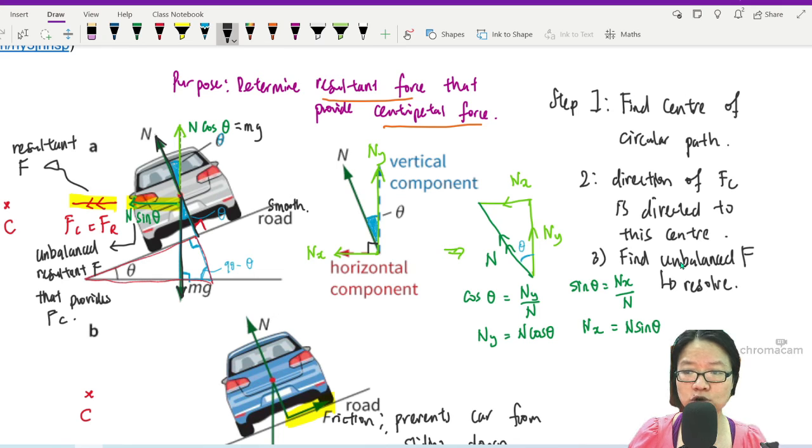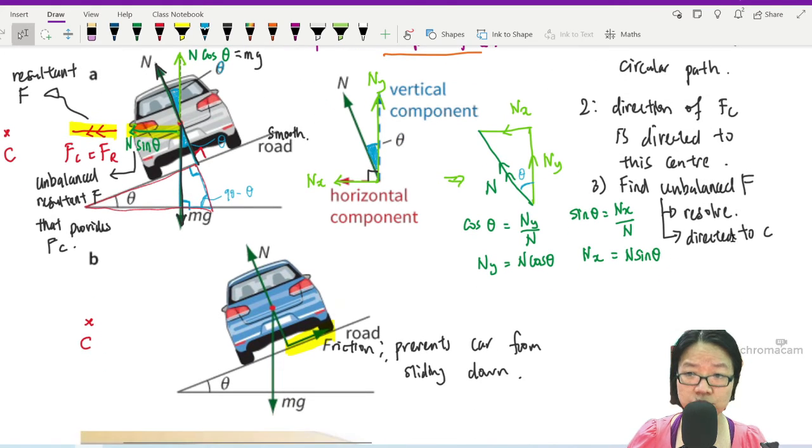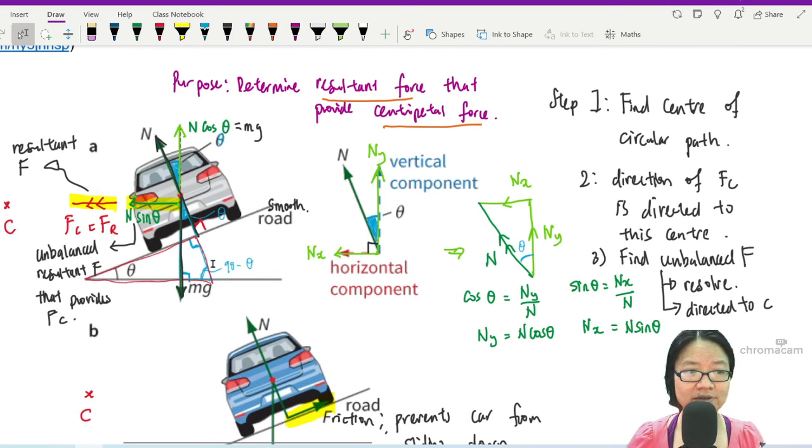Another clue about the unbalanced force is it will be directed once again to C. So I've emphasized this quite a few times. You decide where the center of the circular path is, and then whatever forces are available, see which one may provide centripetal force.